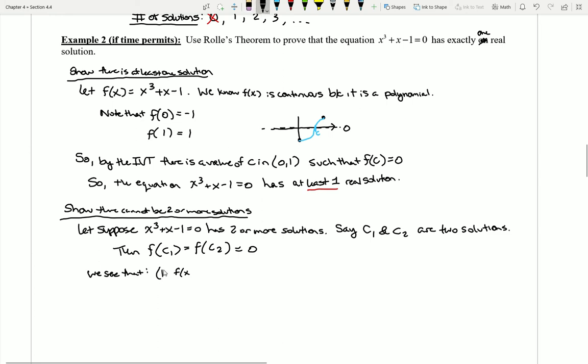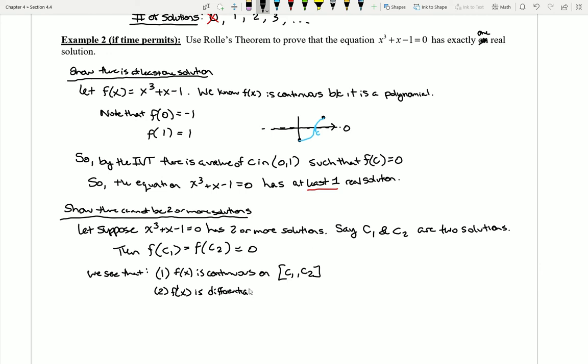I know that my function f of x is going to be continuous on the interval from C1 over to C2. Wherever those solutions are, I know that my function's continuous there, because again, it's a polynomial. No big deal.